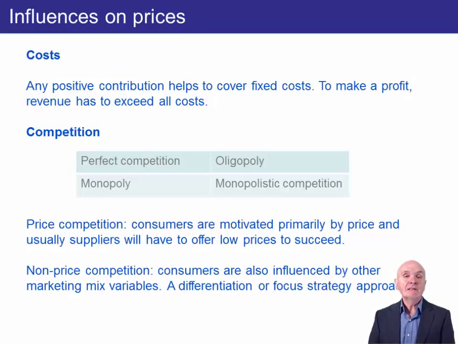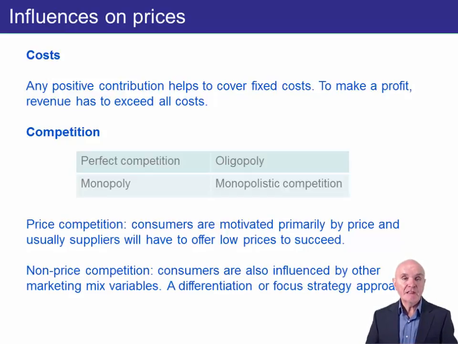An oligopoly is a small number of major suppliers, typically in the oil business, the petrol business, where maybe you've got four major suppliers in any one country. Here they all tend to watch each other a little bit. If, let's say, Shell decreases its price per litre, then the other ones tend to have to follow, otherwise drivers will simply go into the Shell garages.